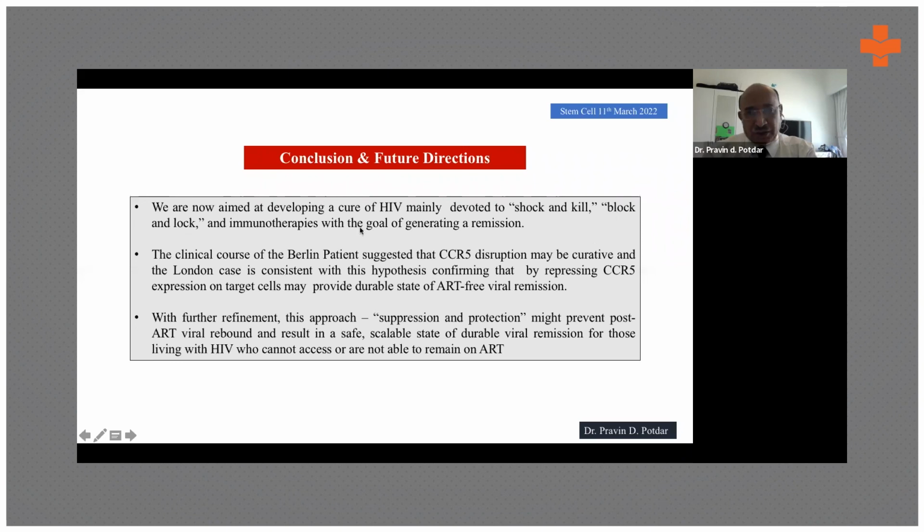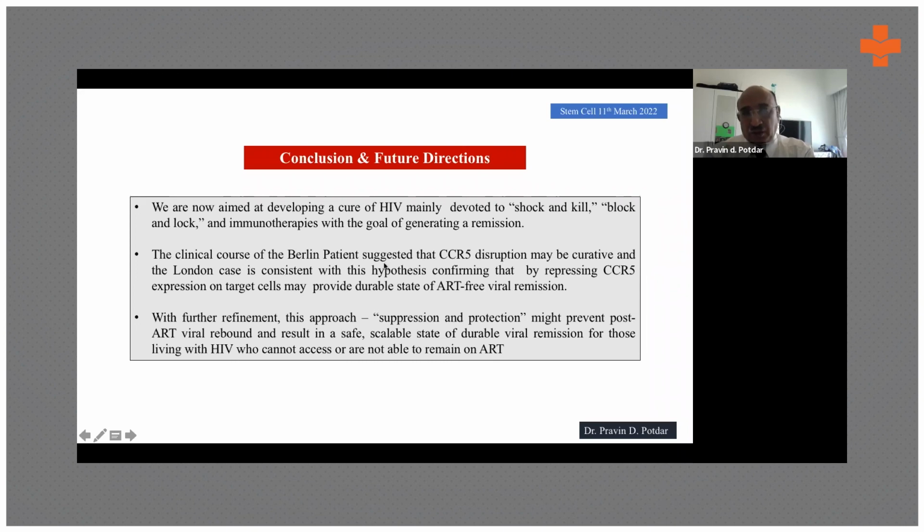In case of HIV, we can work on it because it is targeting CCR5 deletion or CCR5 mutations. The clinical course of the Berlin patient suggested that CCR5 disruption may be curative, and the London case is consistent with the hypothesis, confirming that repressing CCR5 expression on the target cells may provide durable ART-free viral remission.